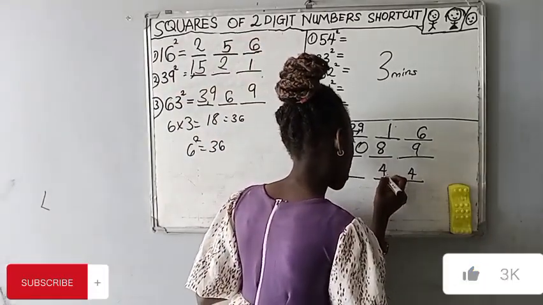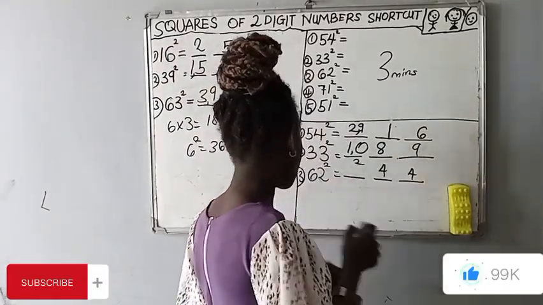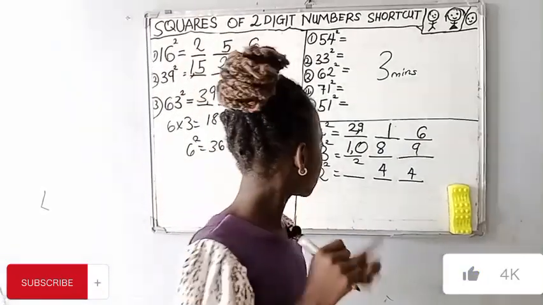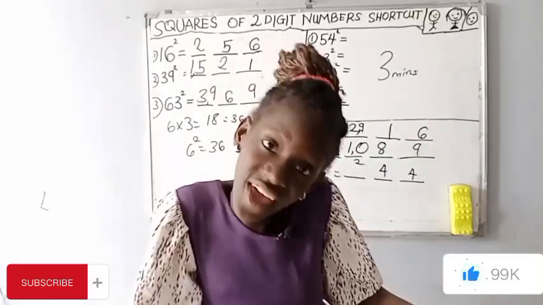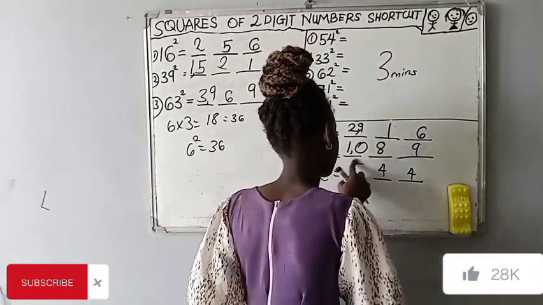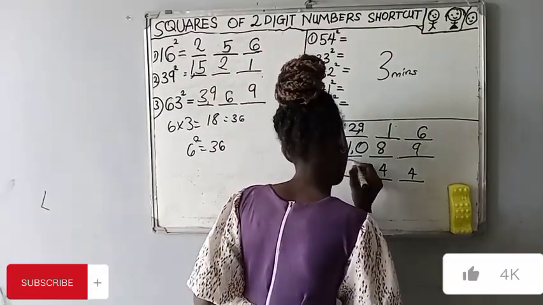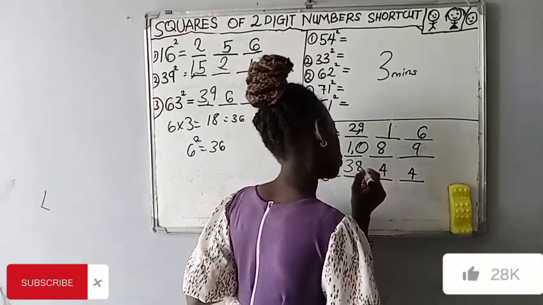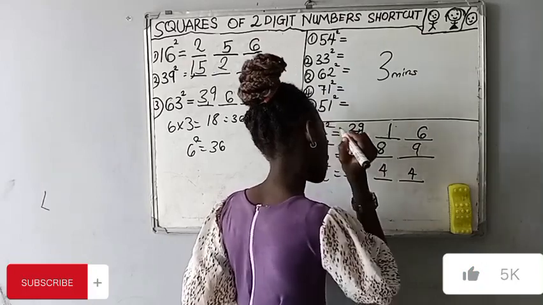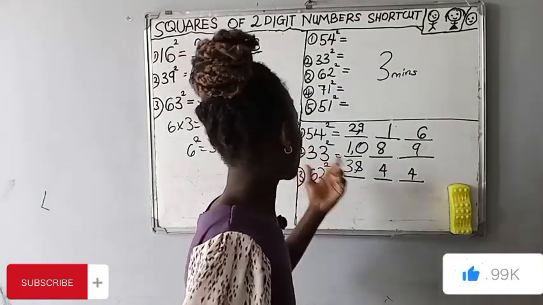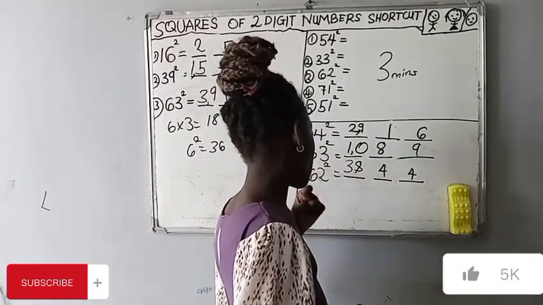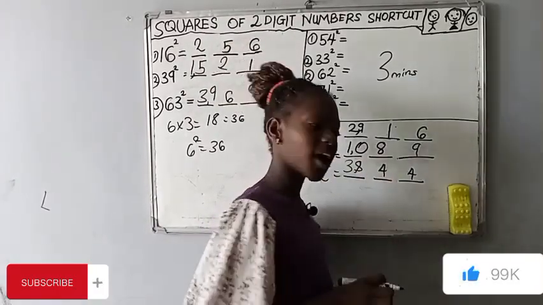Write 4 and carry 2 over. Then now, 6 squared is what? 36. 36 plus 2 is what? 38. Remember, 1, 2, 3. And this is read as 3,844. While number 2 is read as 1,089.